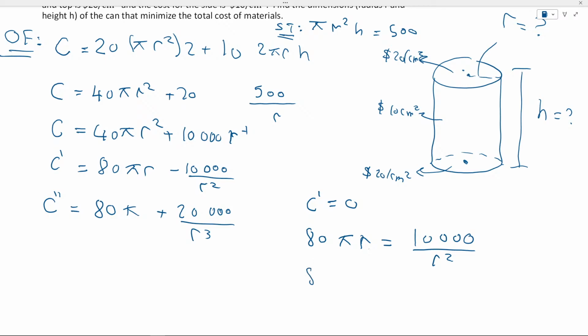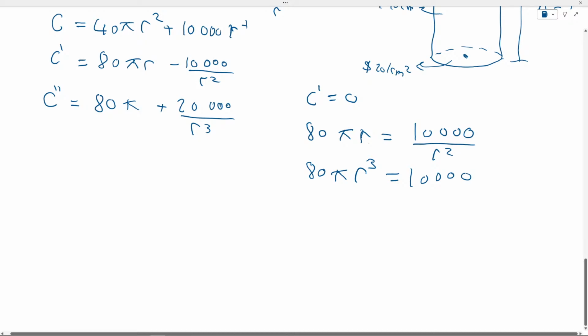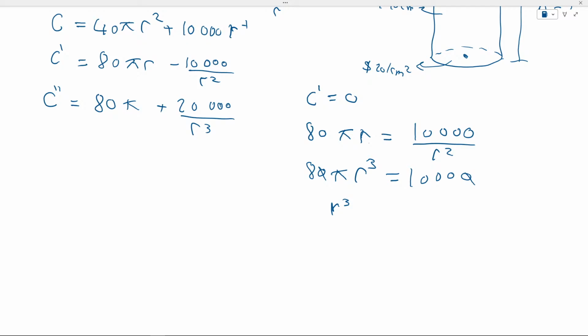So here you got 80 pi r cubed equals 20,000. Then r cubed, this will go away with this over this, that actually gives you 1000 over 8, that's 125 over pi. So basically that's the solution.